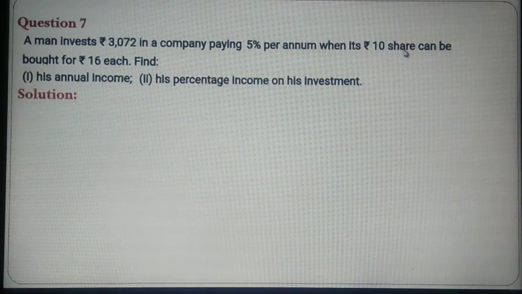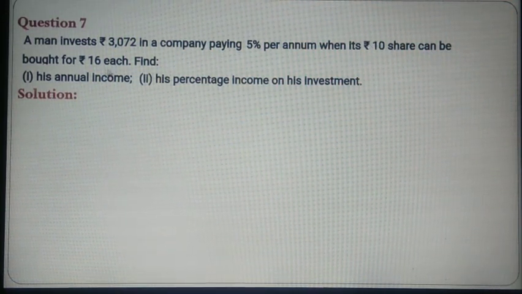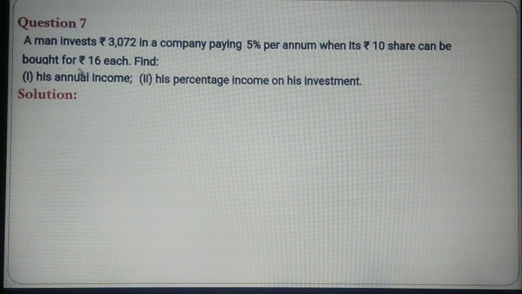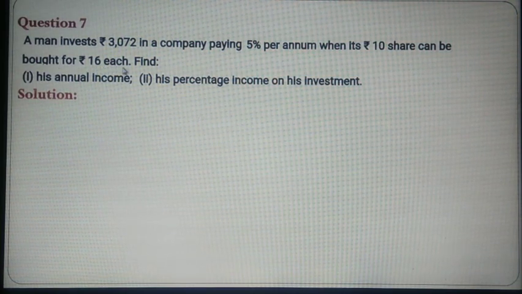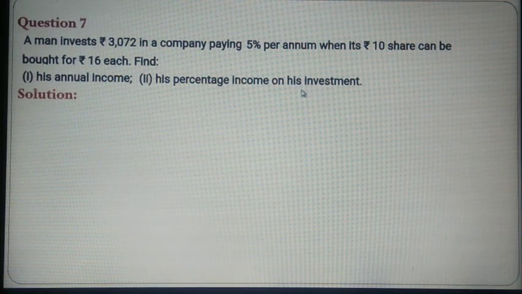Now this means that rupees 10 is nominal value. Can be bought for rupees 16 each. So rupees 16 each is given. So you need to find his annual income and percentage income on his investment. I hope you have understood the question.